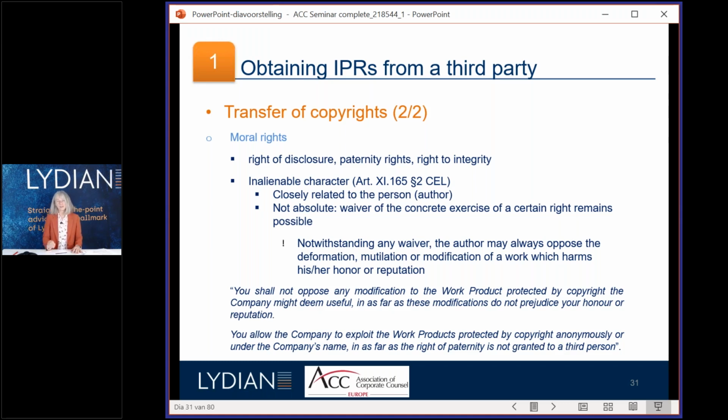You cannot waive your moral rights globally, but you could say, okay, I accept that, for instance, my name does not appear on the work. So it's specific, it's limited, and it's okay, provided that you always have the right to intervene if there is a problem with your reputation or your honor. So these are basically the rules, and you have to be very careful about them when you contract with people in our country or in France, for instance.